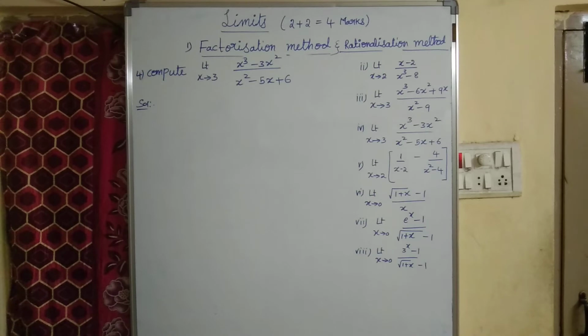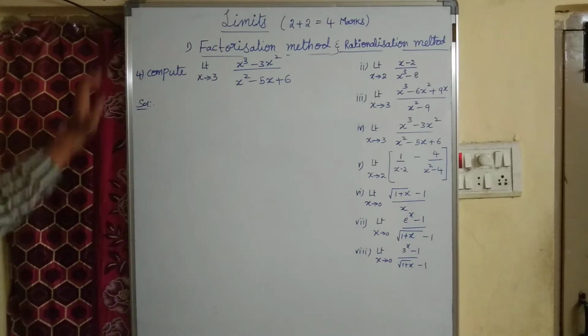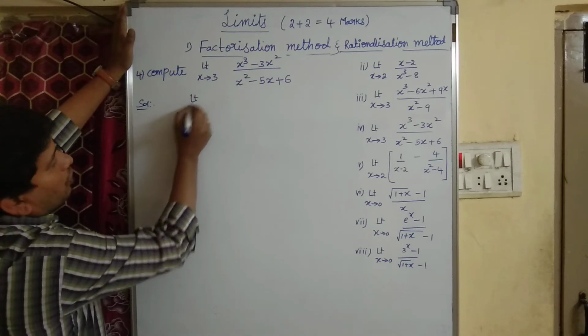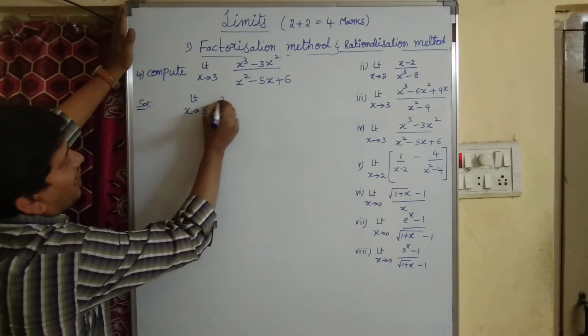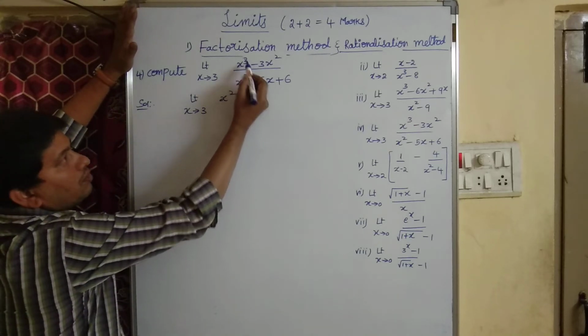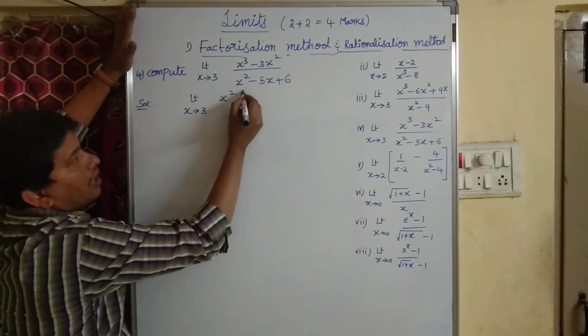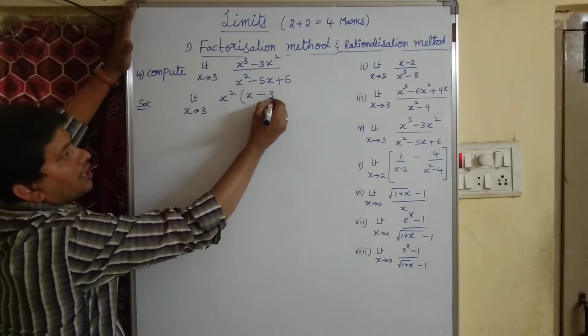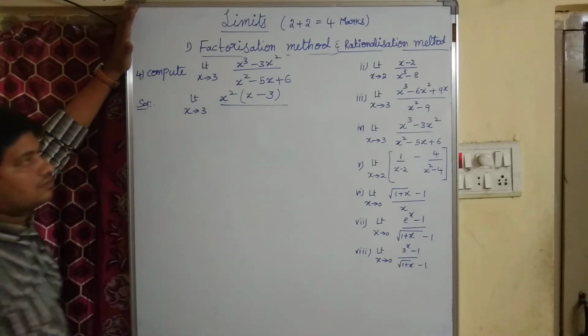Right? So what can we take common here from the numerator and the denominator? Let me take x square as common from the numerator, children, as here we have x cube and here x square. I am taking x square as common. Here one more x will be, and here nothing means 3 only.